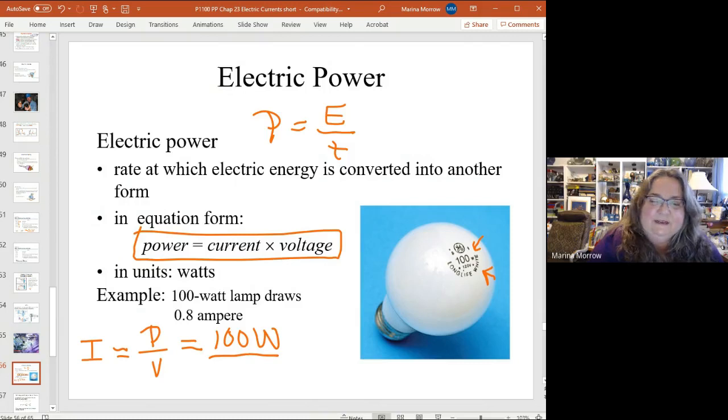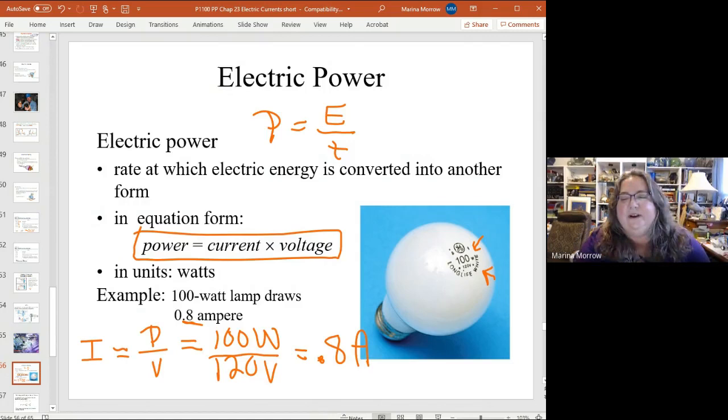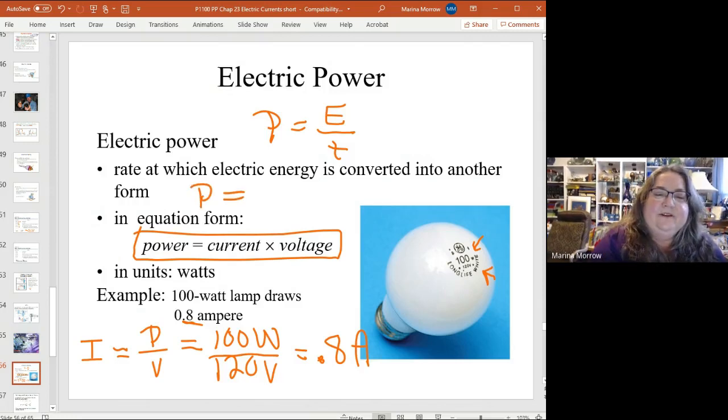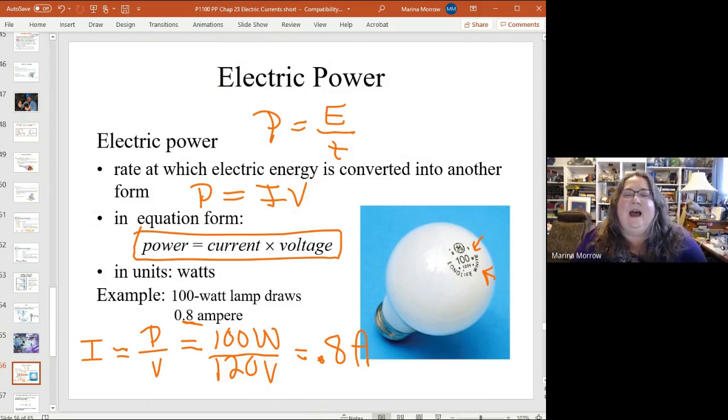The voltage is 120 volts. And that gives us 0.8 amps of current. Okay, so we can use the equation power is current times voltage, or voltage times current, either way, to find a voltage, to find a current, or to find power.